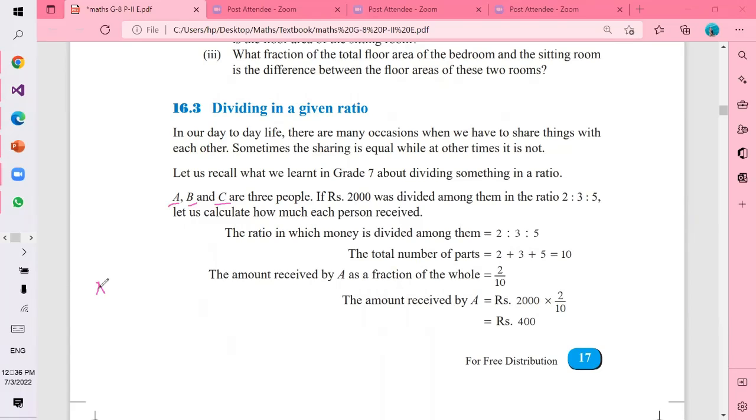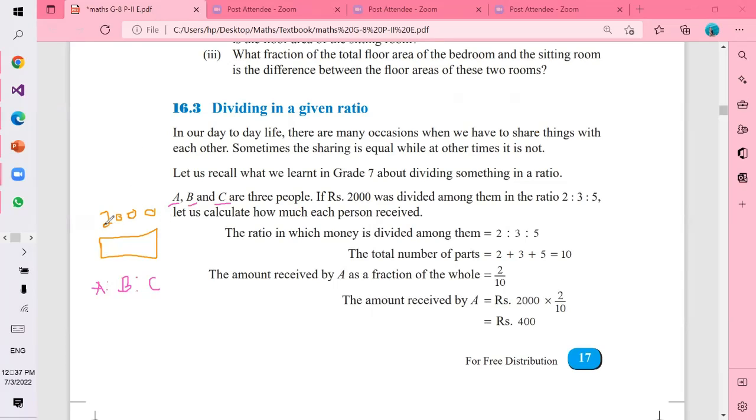Okay, so there are 3 people, A, B, and C. These 3 did a small business. And from that business, the whole business got 2,000 rupees.